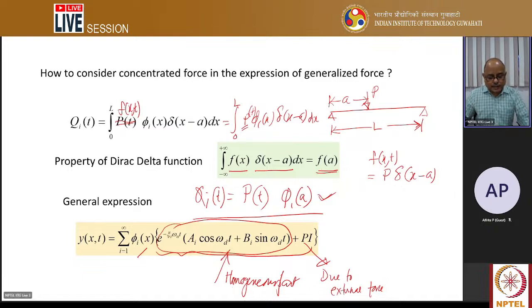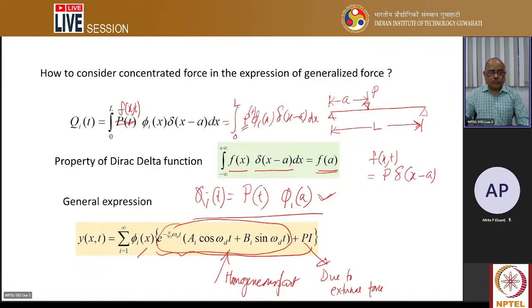Now you can see here the response. You cannot plot it yet because you do not know A and B. Although you can know the particular integral for a certain type of excitation, say steady state harmonic vibration, so the steady state expression you know, or a step function, you know the expression. But A and B, these two constants of integration, have to be known.